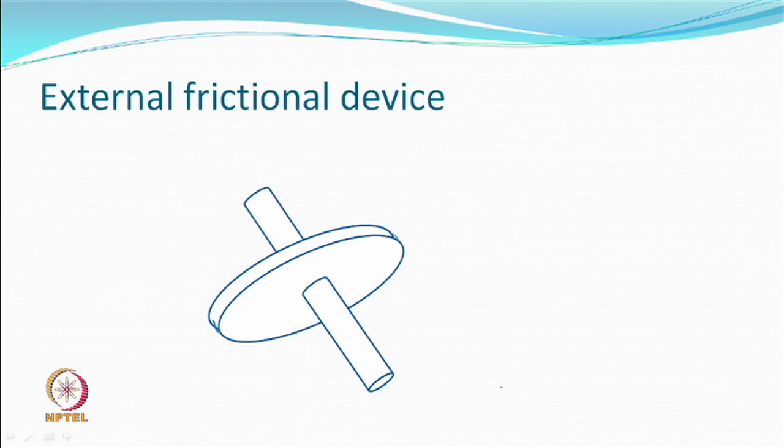So, this is the external frictional device which could be rotated in any manner, S or Z. Obviously, this would be placed on some type of a belt or some device which can rotate at a speed. So, as far as rotation of this frictional device is concerned, we have a control.